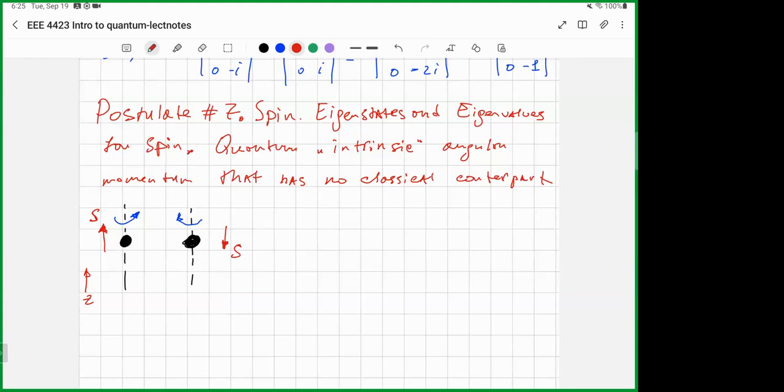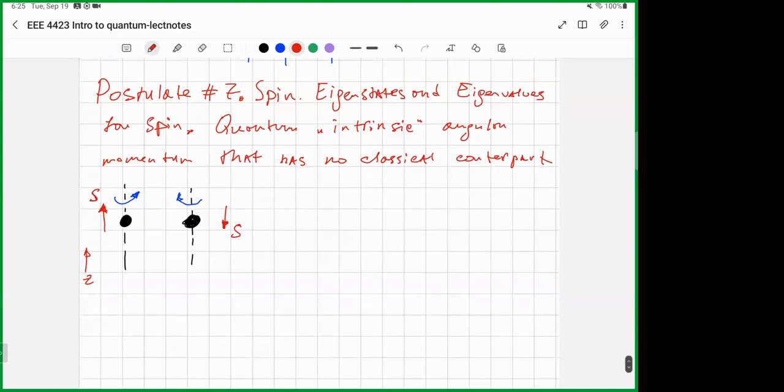So we cannot describe the electron using classical models, because this is not classical. Okay, so you can imagine spin as an intrinsic rotation, intrinsic angular momentum, but please remember that this is not a real rotation.